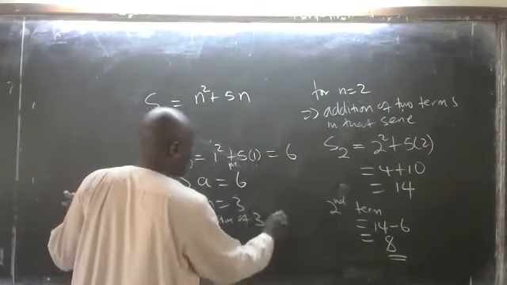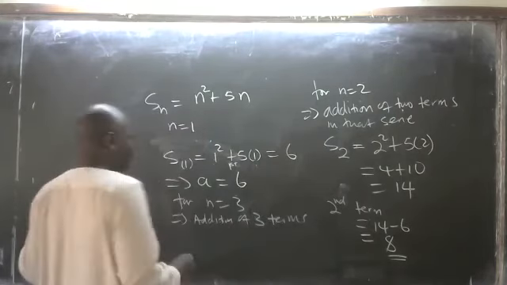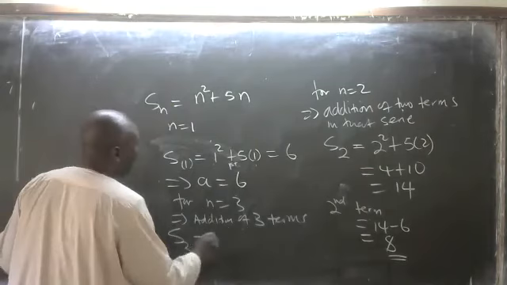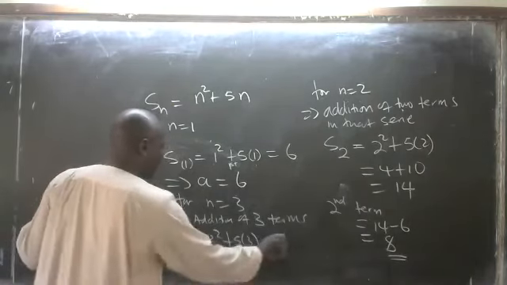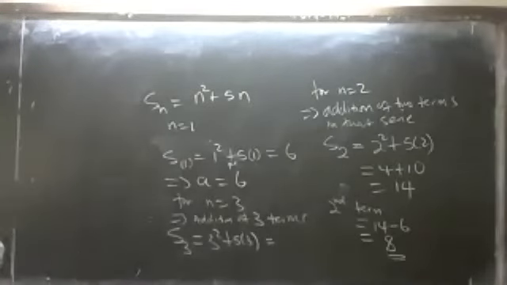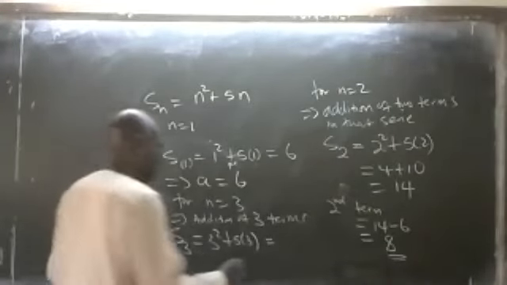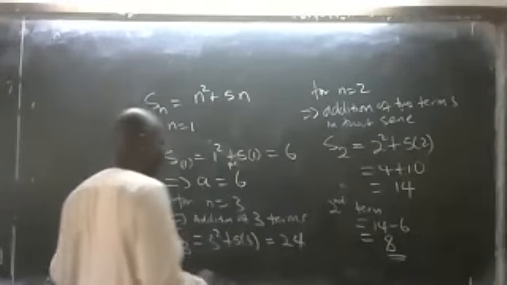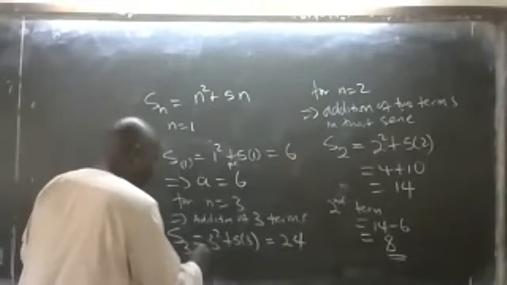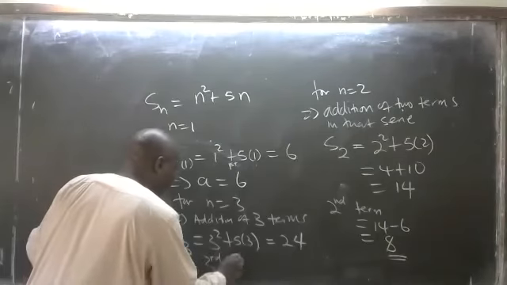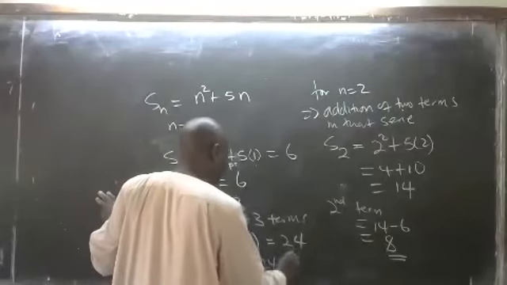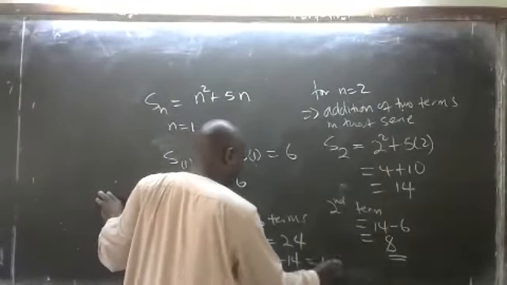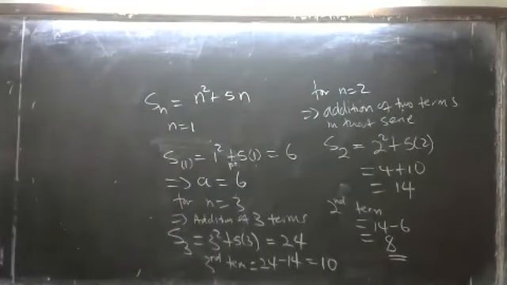So S3 gives us 3 squared plus 5 times 3, which is 9 plus 15, which is 24. So our third term is equal to 24 minus 14, which gives us 10.